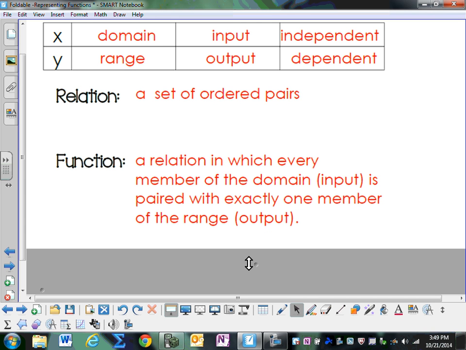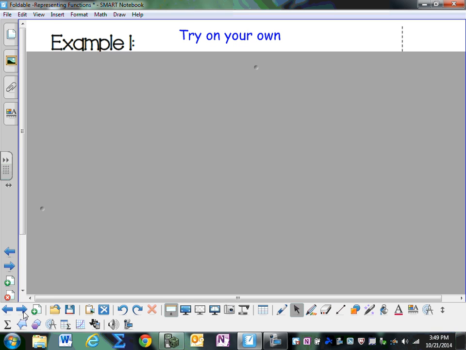A function is a relation in which every member of the domain, the input, is paired with exactly one member of the range, the output. Example 1, try on your own.